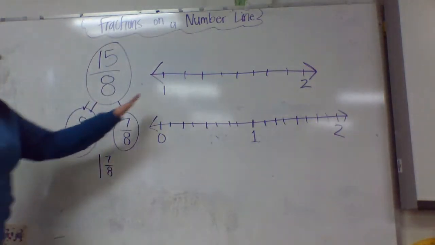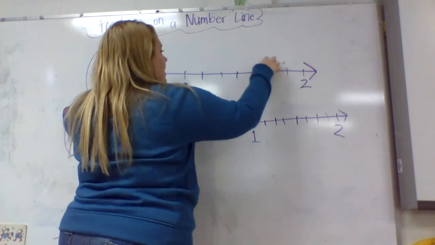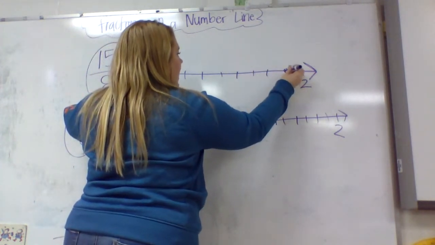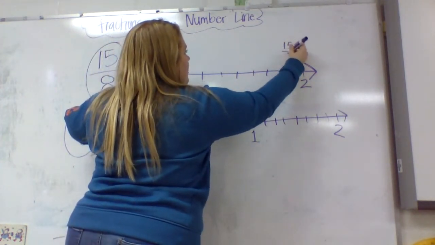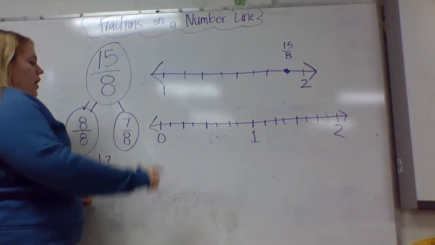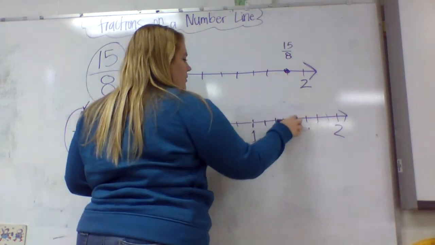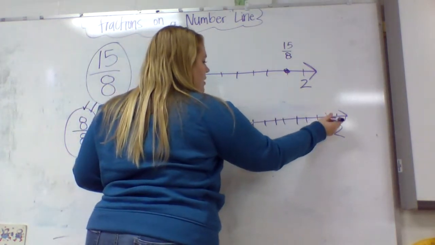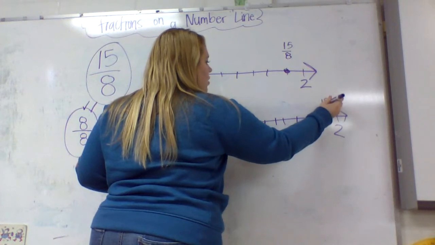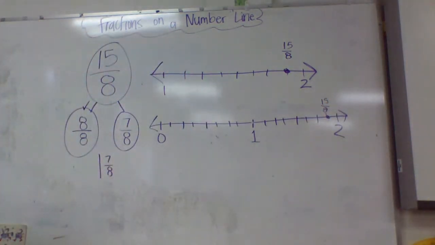So 1 and 7/8. This is 1 whole, and then I count 1, 2, 3, 4, 5, 6, 7. That would represent this improper fraction 15/8, or 1 and 7/8. That would also represent 1 and 7/8, or 15/8.